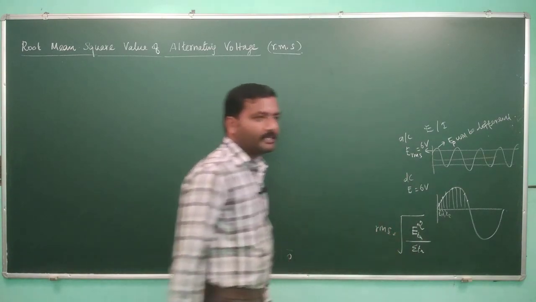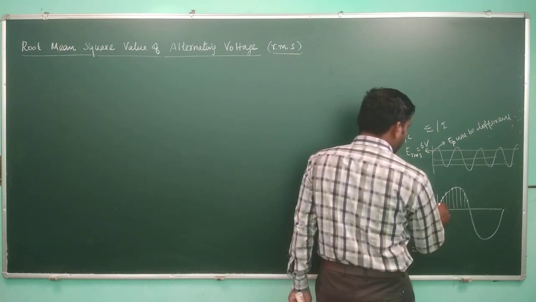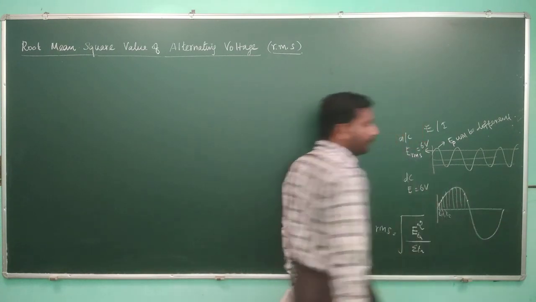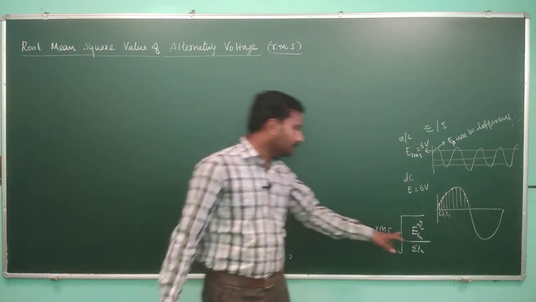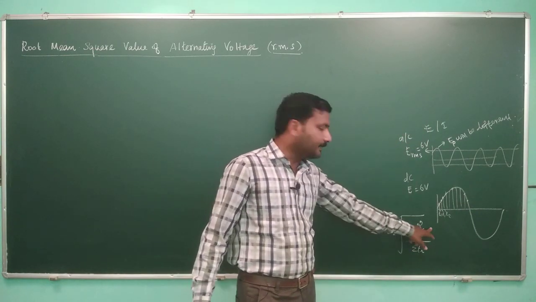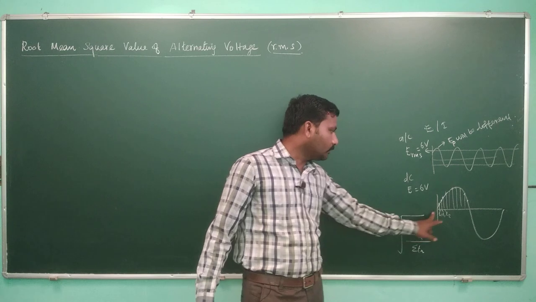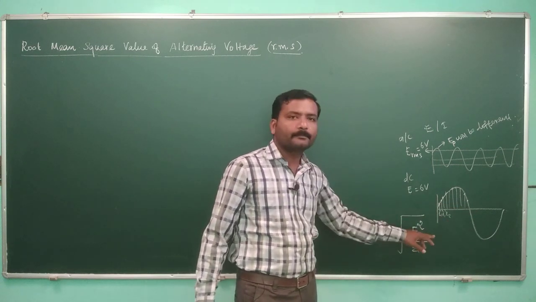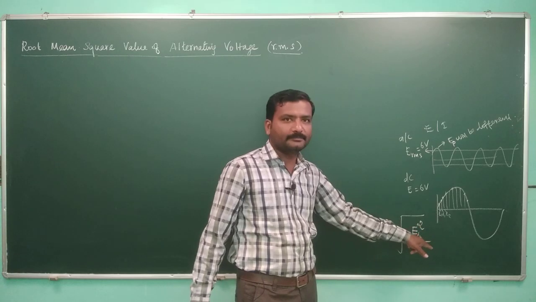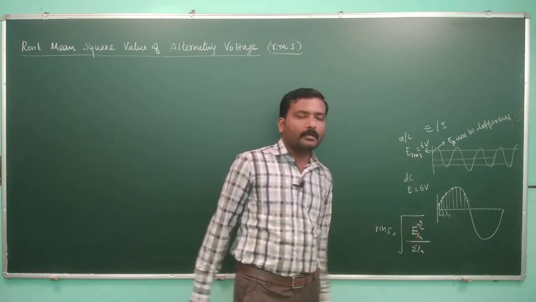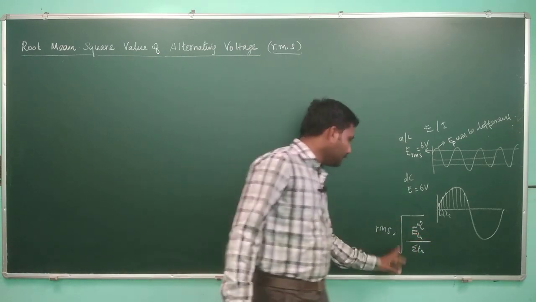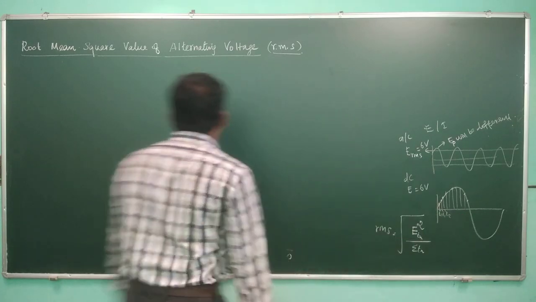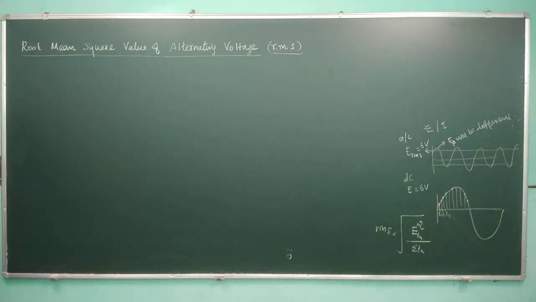What we have done is, we have considered the instantaneous EMF at all the points in a complete cycle. We have squared it and divided by the total number of points that we have considered. This is nothing but the square of the mean, not the direct mean. Then you take a square root, that is the RMS value. Okay, how to obtain this?